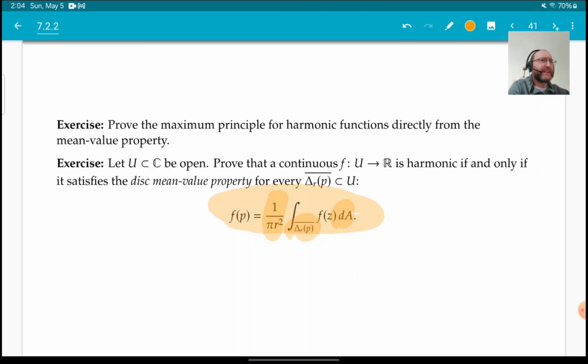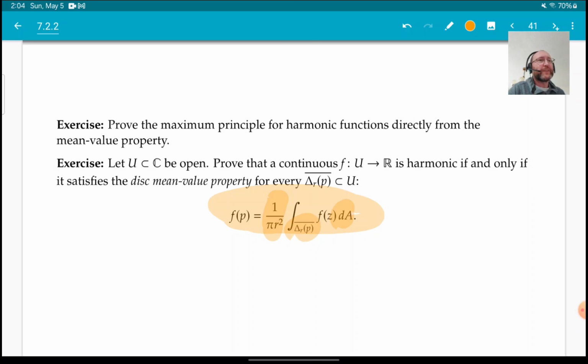And again, that gives me an if and only if, and the proof is very similar. If you start with harmonic and want to go to the disk version, just integrate with respect to r as well, and use polar coordinates. The other direction is very similar to what we did.